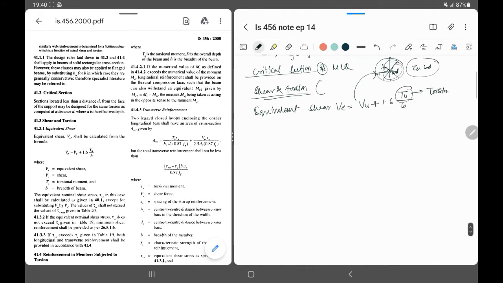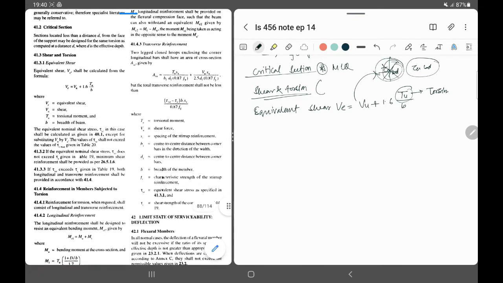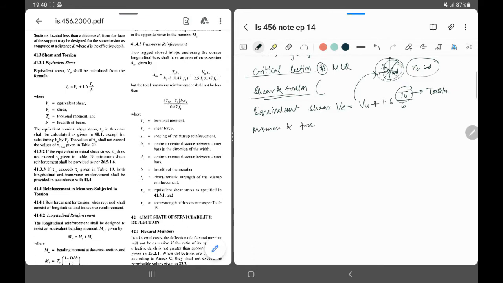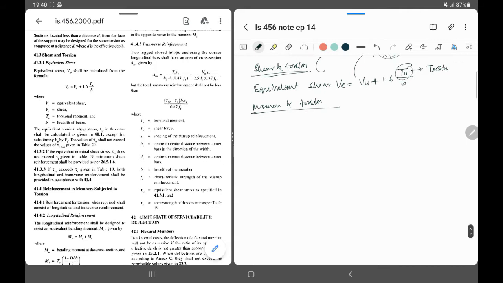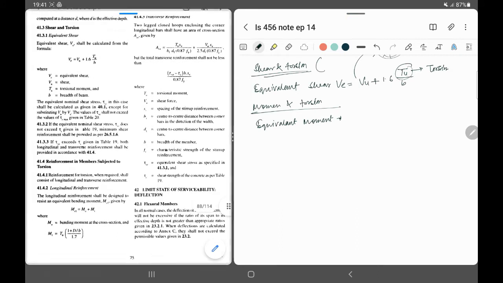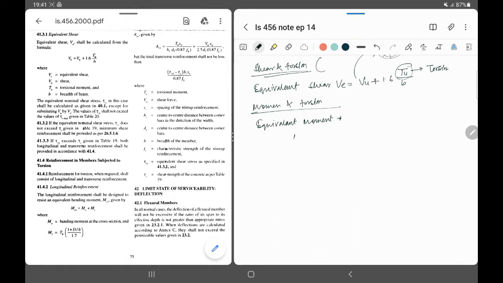And what is the same thing for moment and torsion? So in that case, equivalent moment, M equivalent equal to MU plus MT, and this MT equal to MU into (1 plus D by B) whole divided by 1.7.